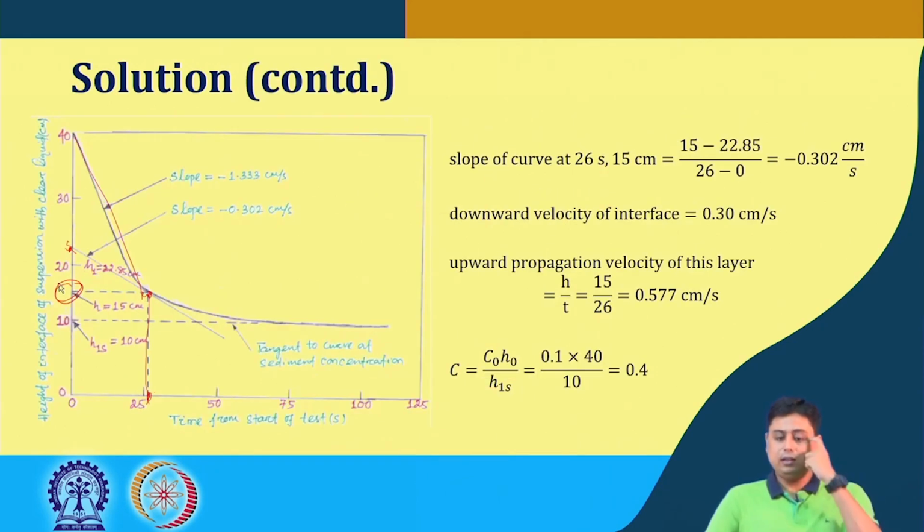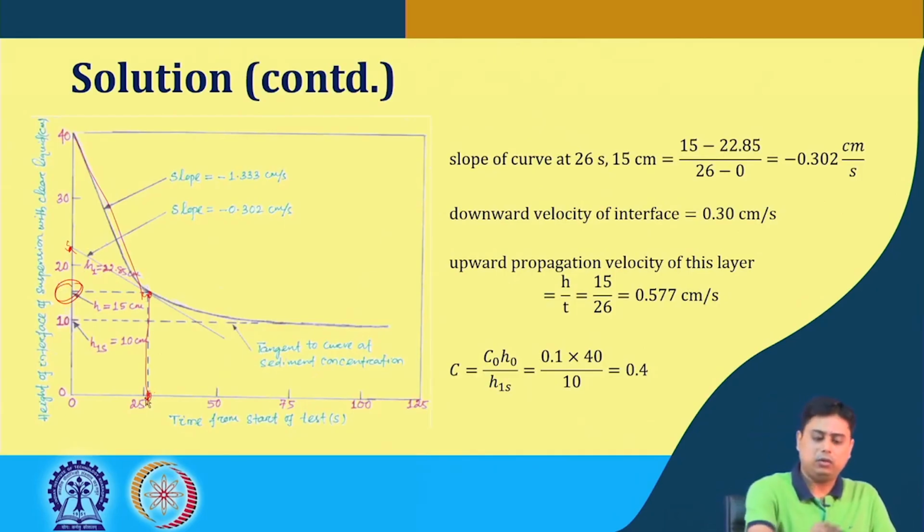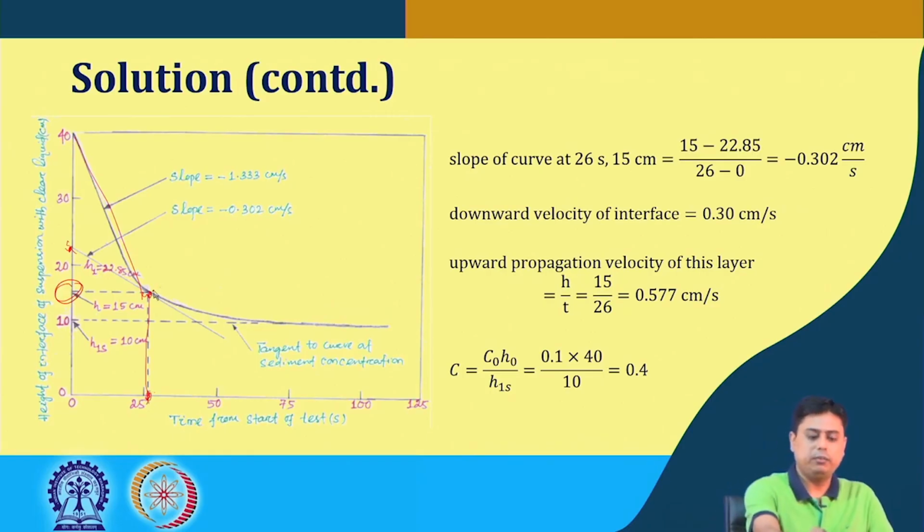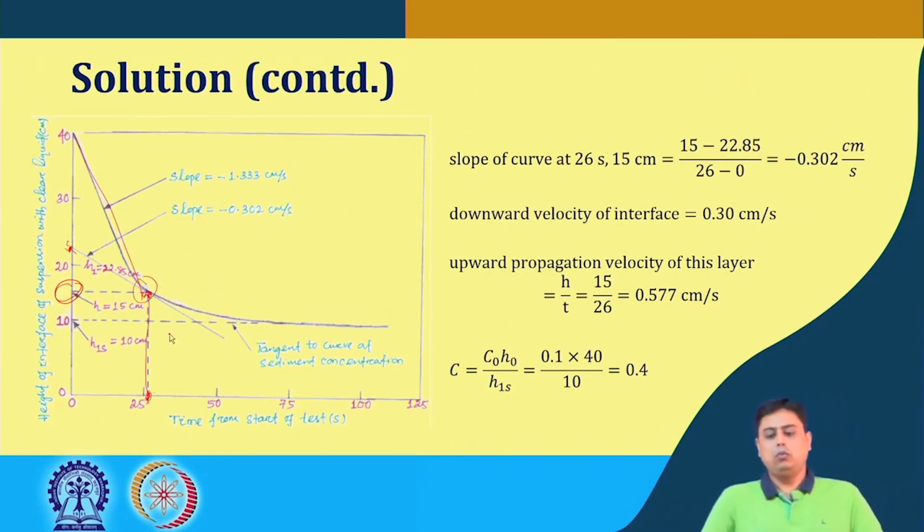Once we have that, the slope of the curve at 26 seconds and 15 centimeter will give us the value of the interface velocity.